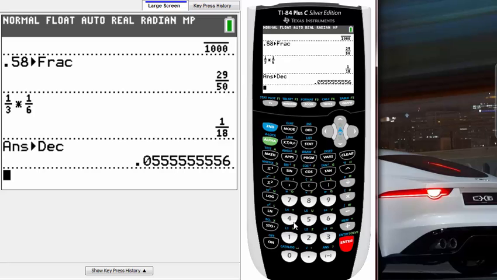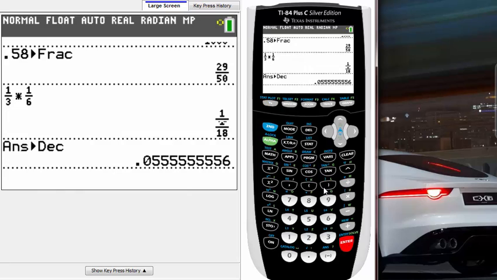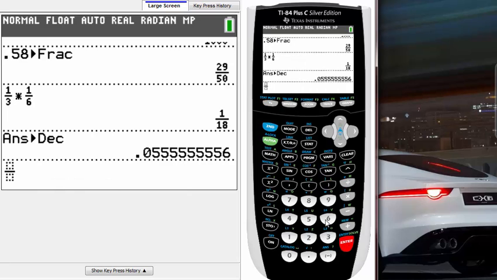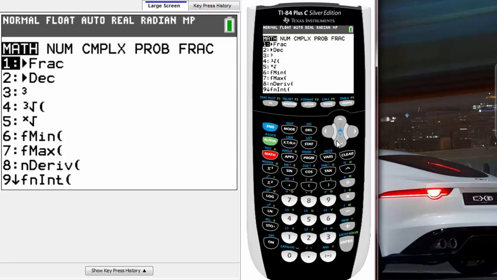For this one, you can also use your own fraction and change it into a decimal. For example, let's build our own fraction, something like 46 divided by 55, and I want to change that into a decimal.